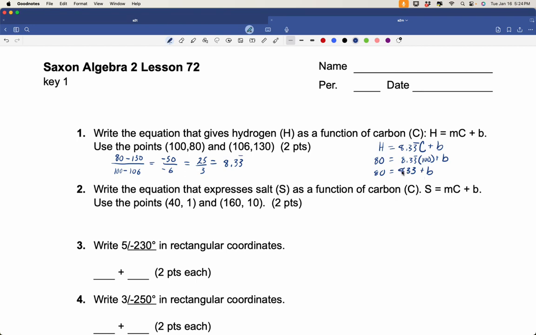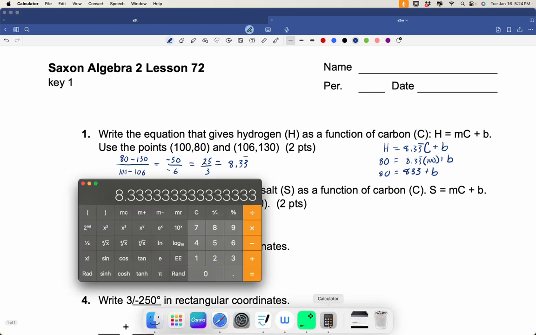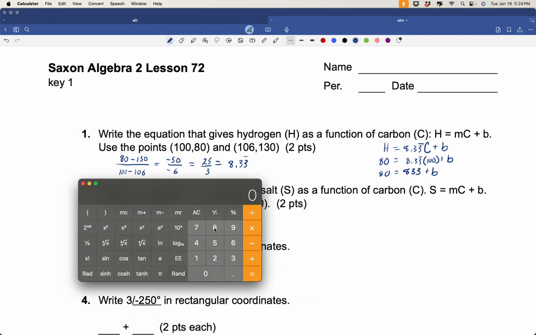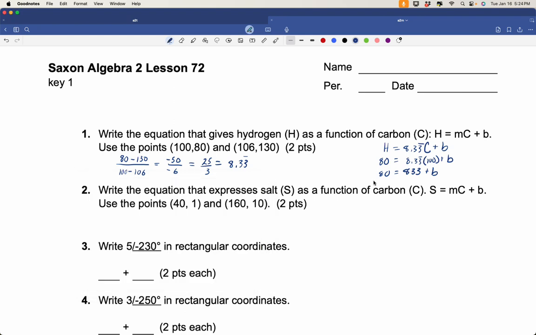If I subtract 833 from both sides, 80 minus 833 is negative 753. So negative 753 is equal to b. So I can rewrite that as h is equal to 8.33 c minus 753. And that should be correct.